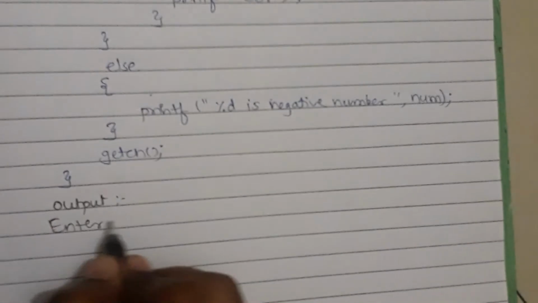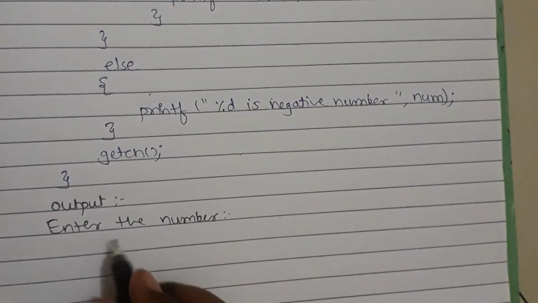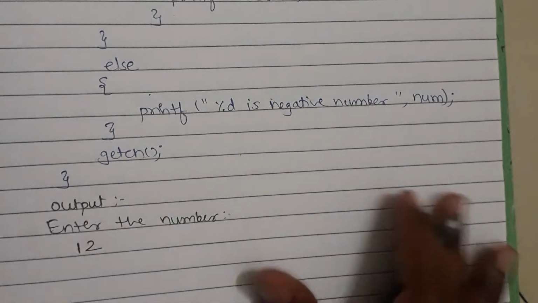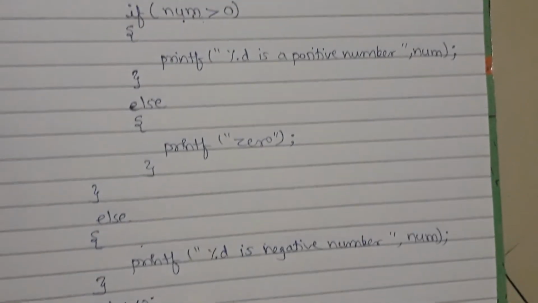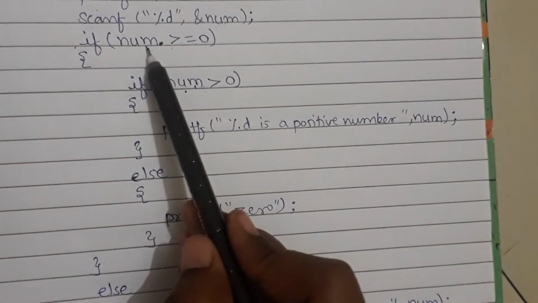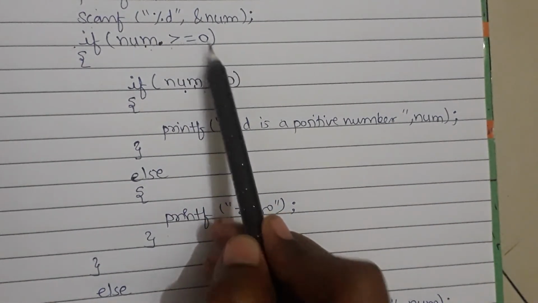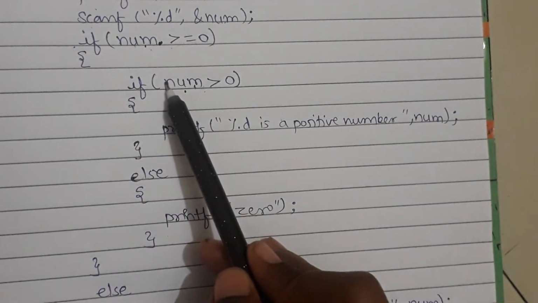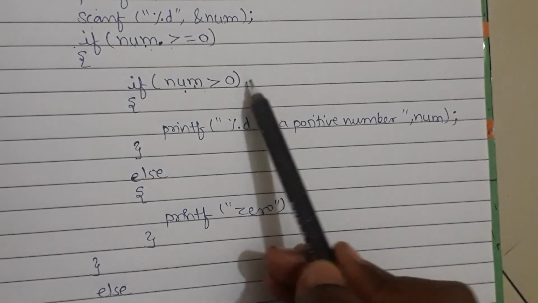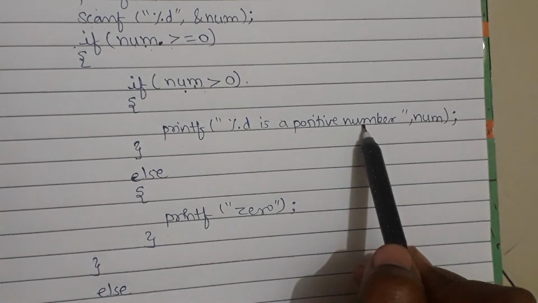The user will enter a certain value, for example 12. Now this 12 goes to num, and here we check condition 1: 12 is greater than or equal to 0, the condition is true. Therefore it comes to this if part. Here 12 is greater than 0, condition true, and therefore it will print that 12 is positive number.